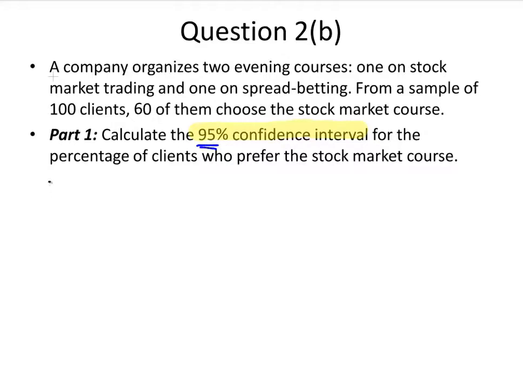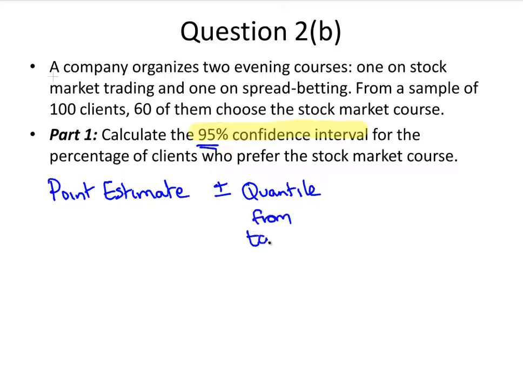So first off, let's get the point estimate, plus or minus the quantile from tables, times the standard error.